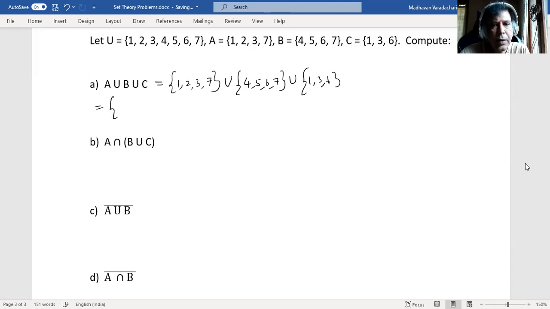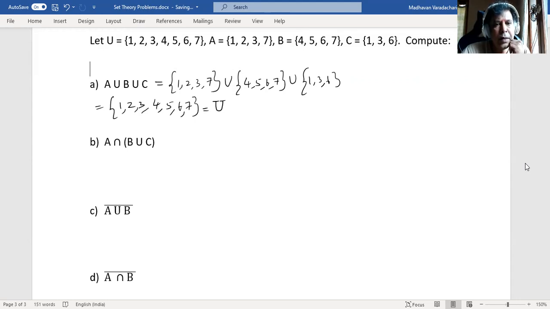If we do that, 1 I can write, 2 I can write, 3 I can write, 4 I can write, 5, 6, 7. So if we look into the result, it is actually the universal set. Whatever is there in universal set, everything came.